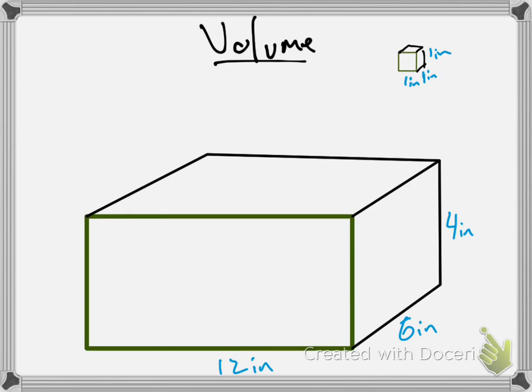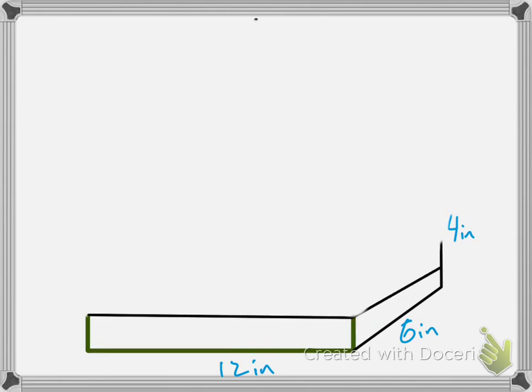I think that the best way to think about volume is to think about layers. The big question that we're asking right now is how many of those 1 inch by 1 inch by 1 inch cubes could we fit inside of that box? Well, we could break this down really simply by cutting this into one layer.